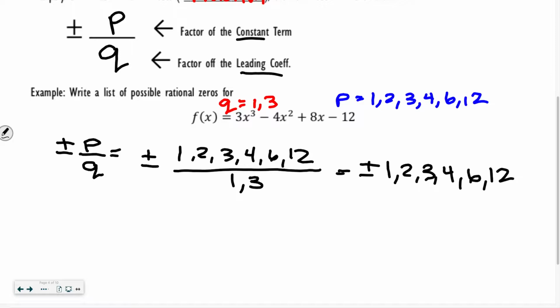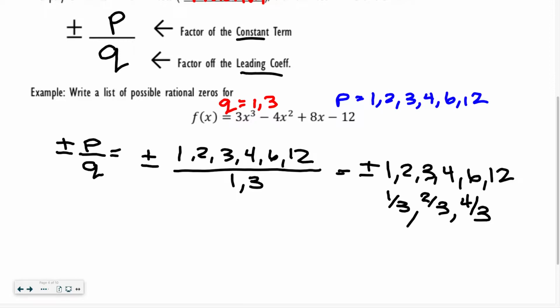Is that on my list? No. 2 over 3. Is that on my list? No. 3 over 3. Already on the list as 1. Okay. 4 over 3. Nope. And then 6 over 3 and 12 over 3. Already on the list. So that's my full list of possible rational zeros.